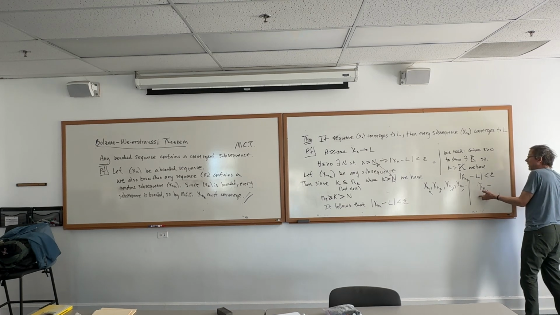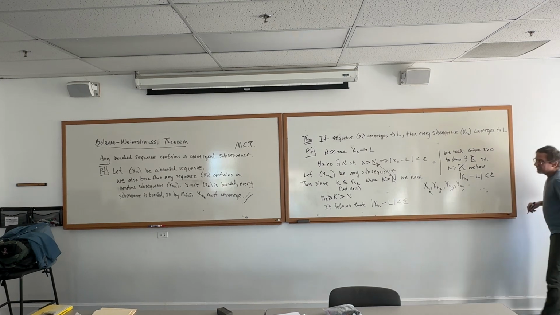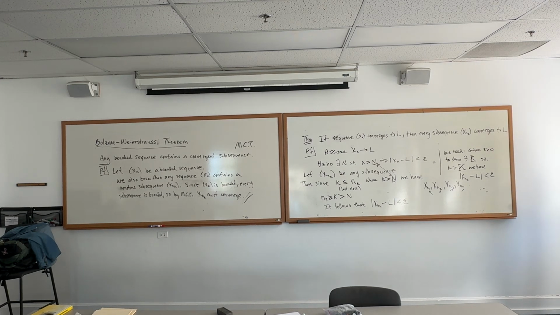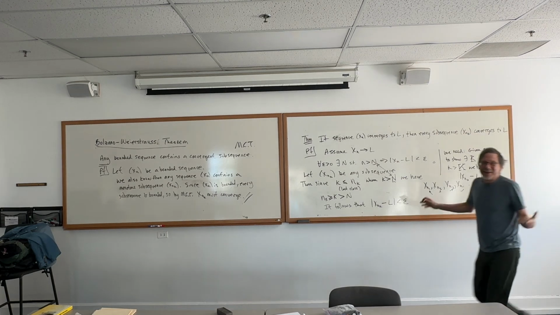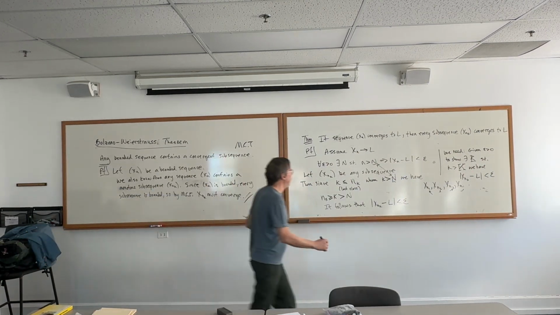It could be equal to it, but it's certainly not to the left of it. I feel like the more I say about it, the worse it might get. So tell me if there's anything I can do to clear that up, because this is our proof.